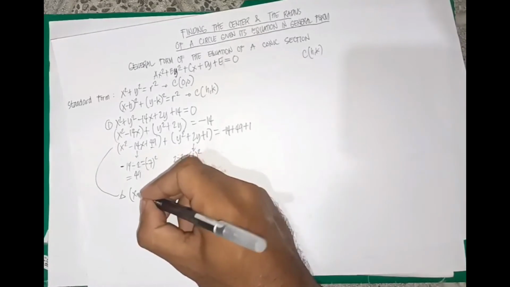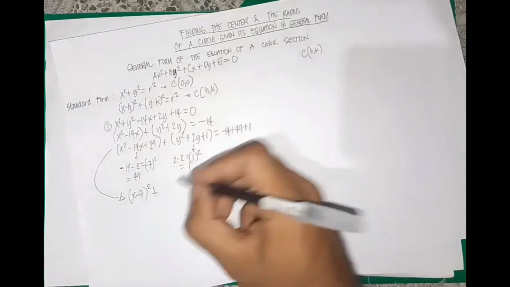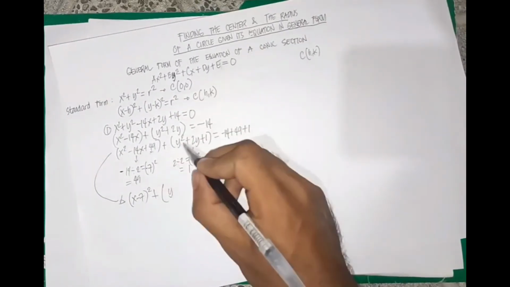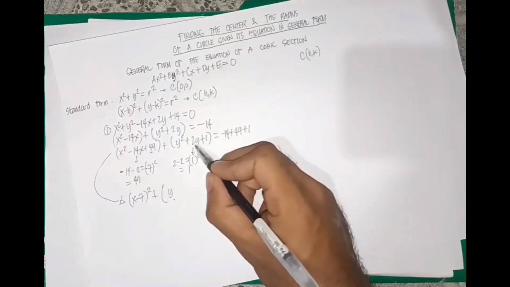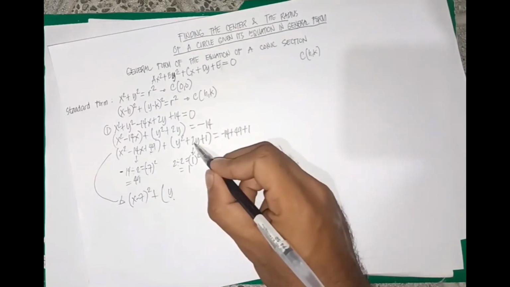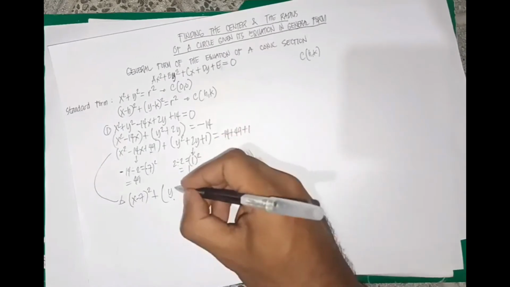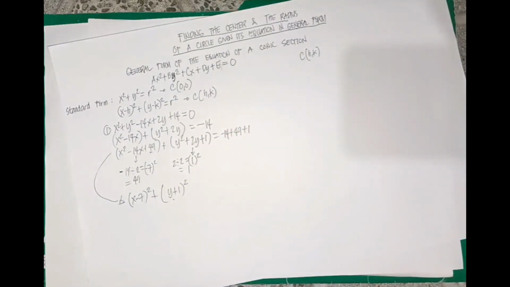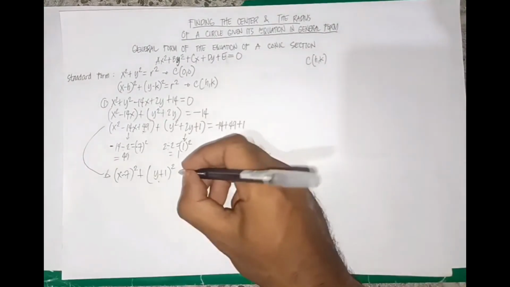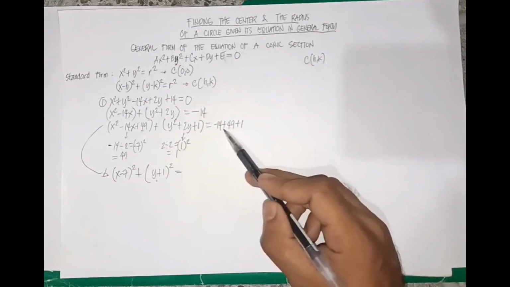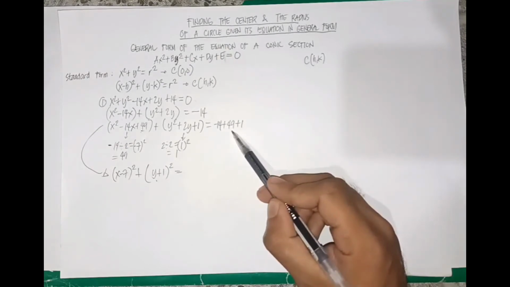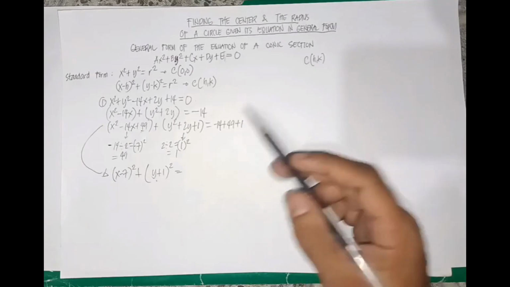So this is negative 7, squared. Plus, the square root of y squared is y, and 2 divided by 2 is 1, so the next term here is 1. We're going to square that. So equals negative 14 plus 49 is positive 35, plus 1 is 36.